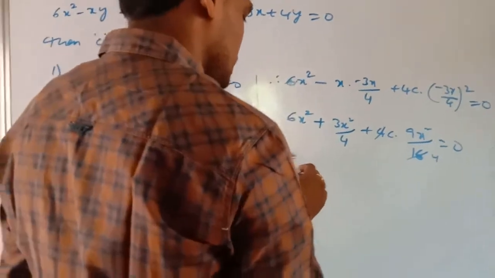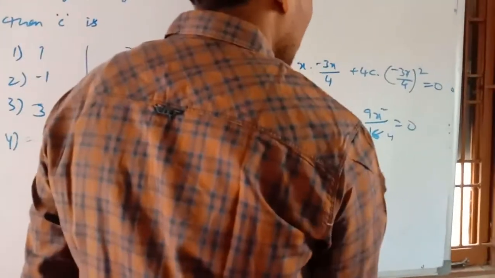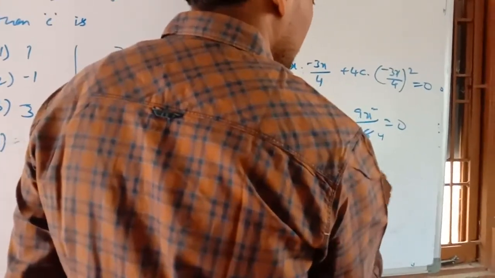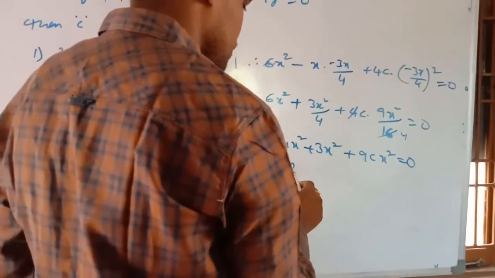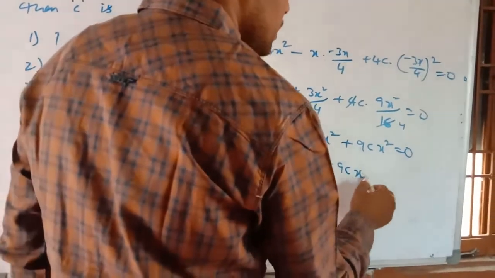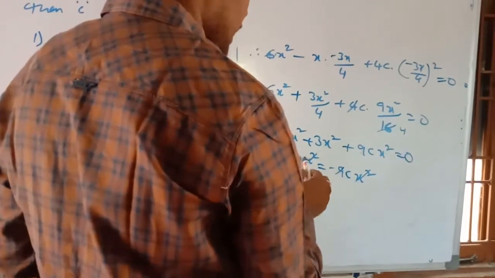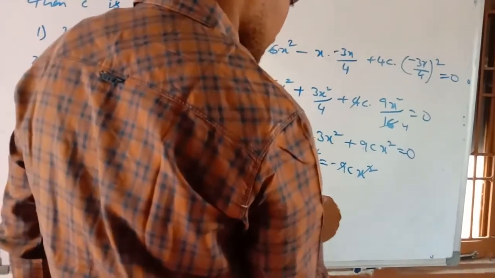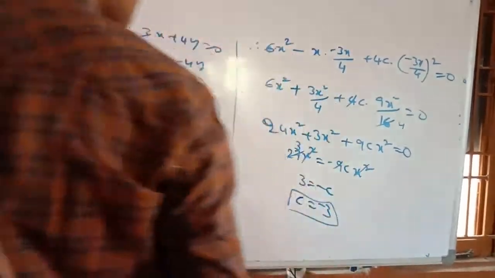Now 4 sixes are 24x square plus 3x square plus 9cx square is equal to 0, and 24x square plus 3x square is 27x square is equal to minus 9cx square. Now the x square term is cancelled, and 9 threes are 27, so 3 is equal to minus c, c is equal to minus 3. Now the answer is c is equal to minus 3.